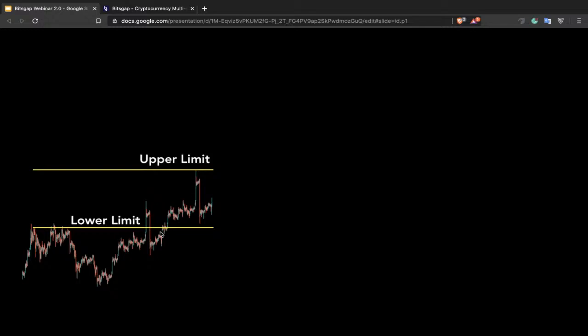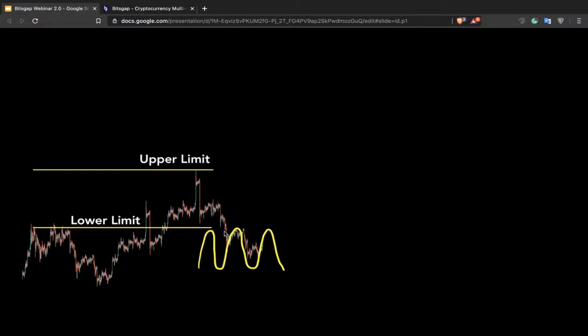But what happens if the price from that point, from the point of our newly established higher high, goes downwards and it breaches the lower limit price? In this case, the trading range will not be cautious here. So it will not follow the price depreciation.